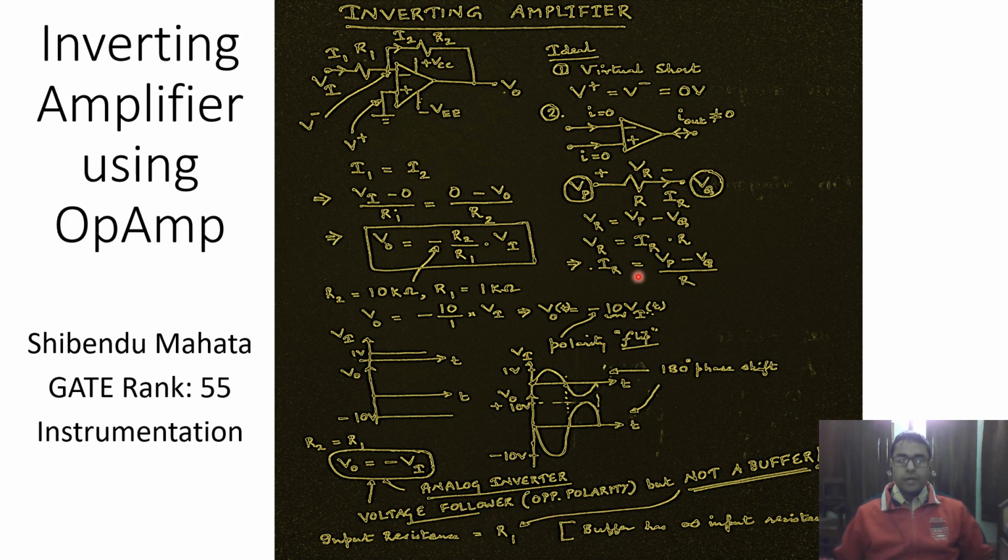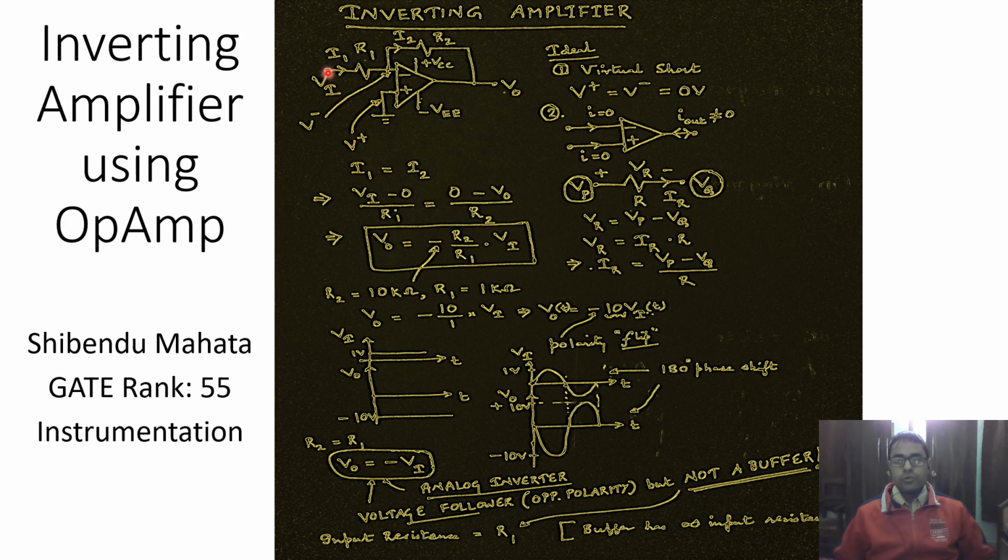But there is one fundamental difference between the voltage follower and this inverting amplifier with its two resistances taking equal values, and that is the fact that a voltage follower acts as a buffer. But this circuit, although it is following the input voltage in the opposite sense, does not act as a buffer because it is providing an input resistance of R1 ohms.